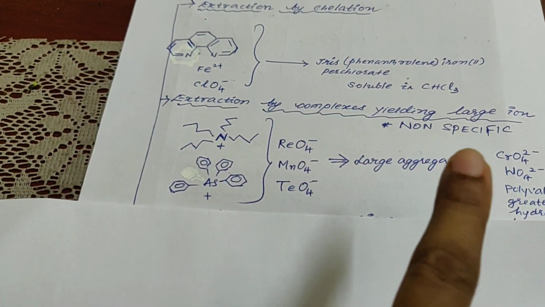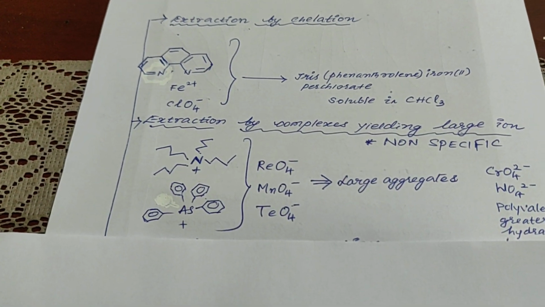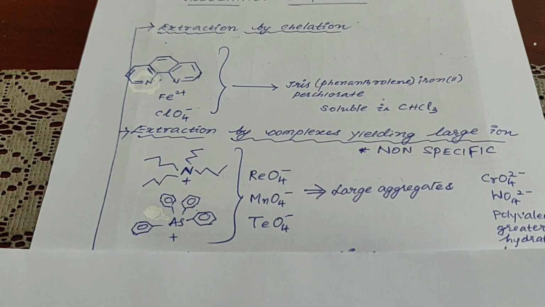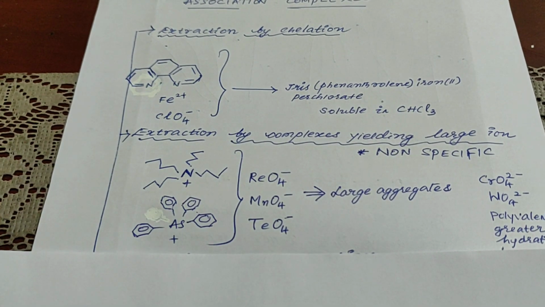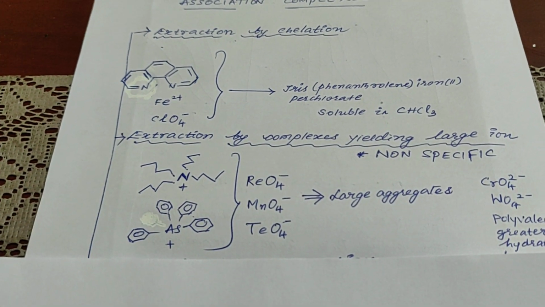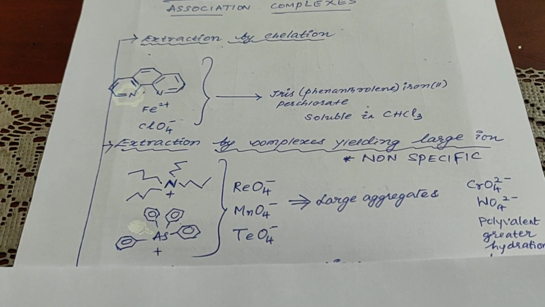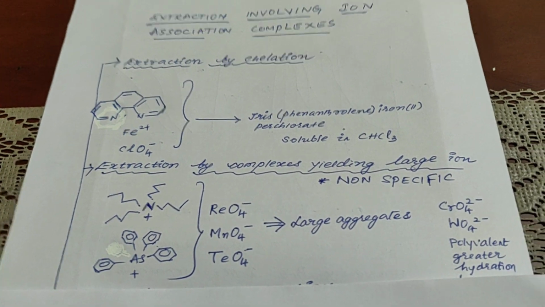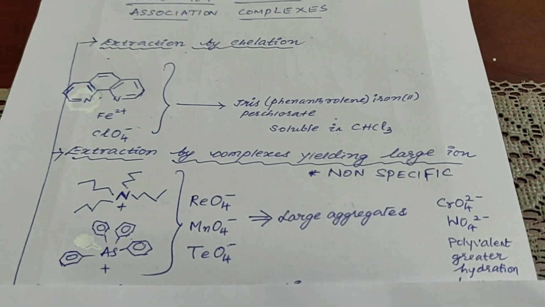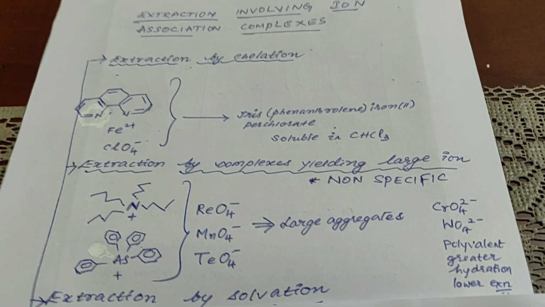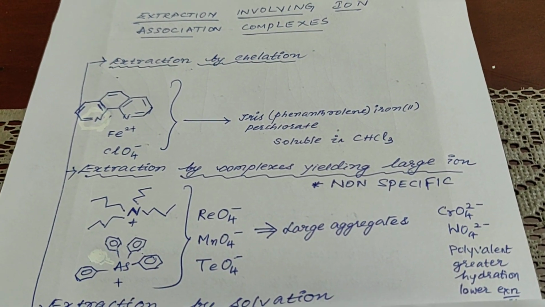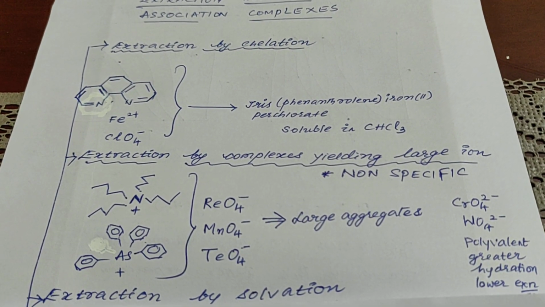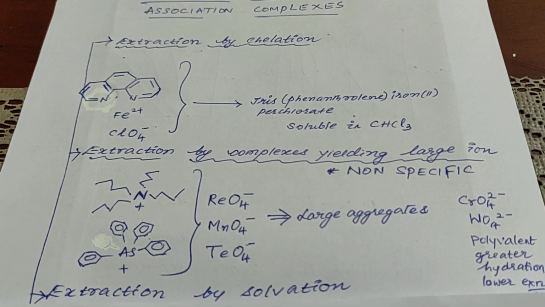These reactions are non-specific in nature, and hence if the sizes match, or if a cation gets an appropriate anion, the neutralization reaction occurs and it will easily form large aggregates. However, there is one limitation when it comes to polyvalent ions like CrO4 2- or WO4 2-. Polyvalent ions have greater hydration energy, and when hydration energy is greater, the extraction decreases.